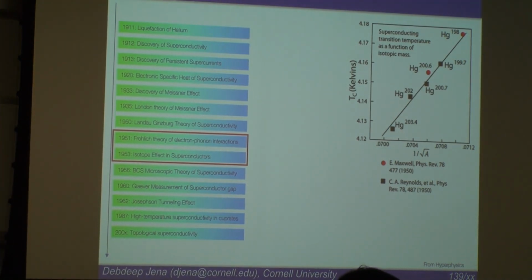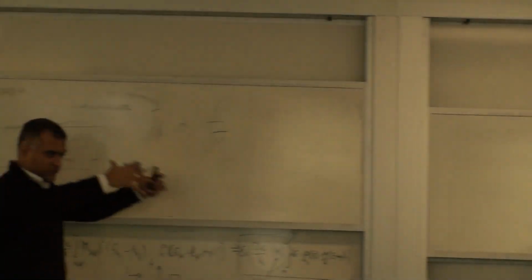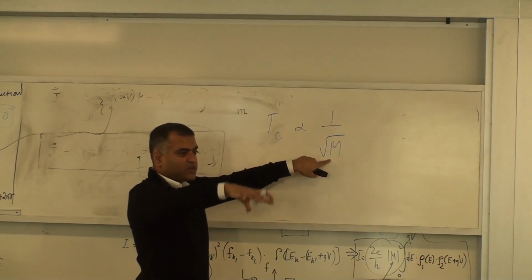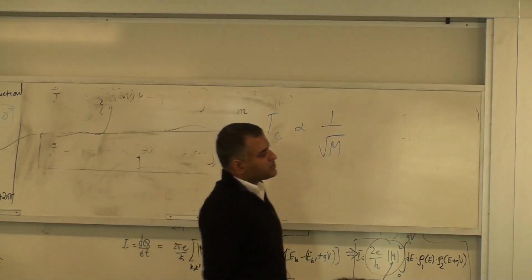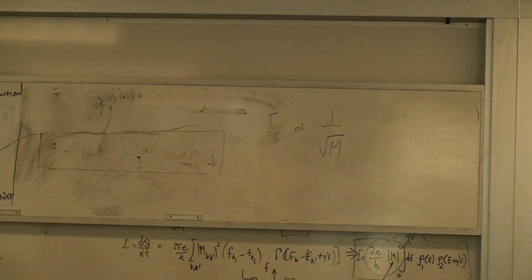And if you plot it carefully, what you will see is that the critical temperature goes as 1 over the square root of the mass of the atom. We're not talking about the effective mass of electrons, this is the mass of the whole atom. You can pretty much forget about all the electrons, it's the sum of proton and neutron masses, right? And that immediately was the sign that it is related to phonons.